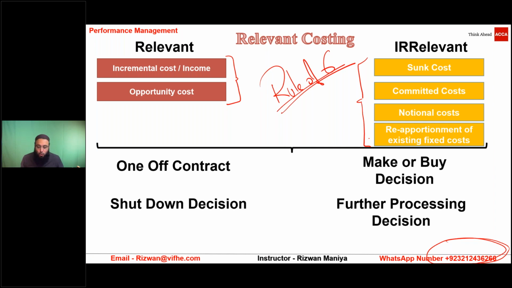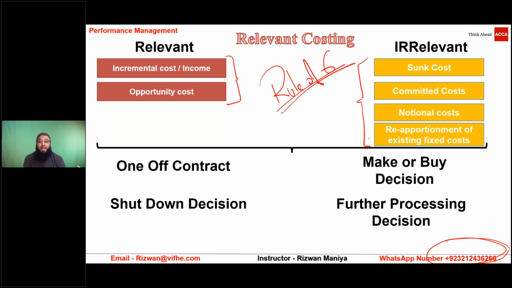So we have to consider things which are directly related to that specific decision. Now, say you want to sit a paper in September 21. For this decision, will you consider previous paper examination fees?